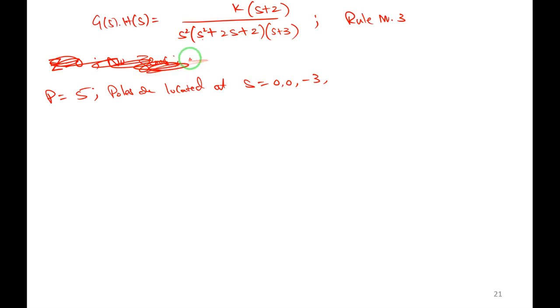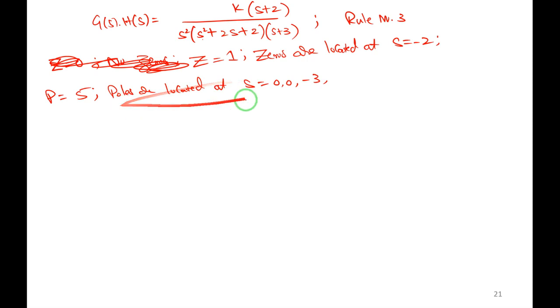How many zeros are there? 1 zero is there. Z equal to 1. So what are zeros located at? Located at s equal to minus 2. Yes, 1 zero is there. Okay, we'll calculate the roots of this. A is 1, B is 2, C is 2.